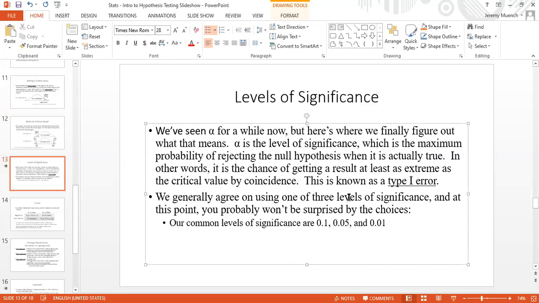And then 0.01 is the same thing, but with a 1% chance that the null hypothesis was correct and we got our values by pure chance, that if we continued taking values, we would have ended up with the null.